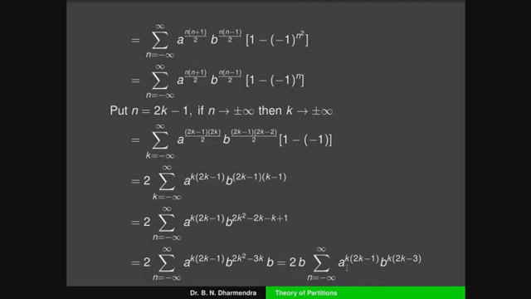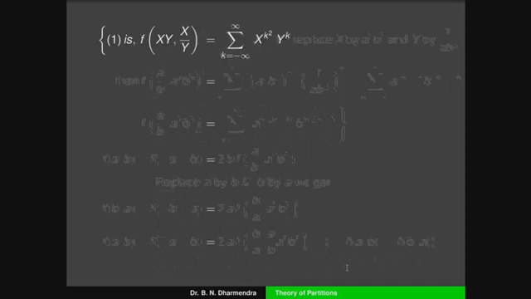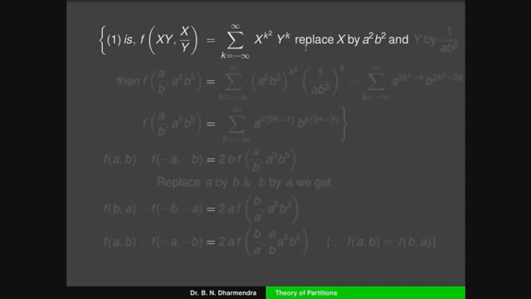Okay, so what is the result? Today's first result, that is f of xy comma x by y is equal to summation k running from minus infinity to plus infinity x to the power of k square into y to the power of k. So here we have to replace the value of x by a square b square and y by 1 by a b cube.